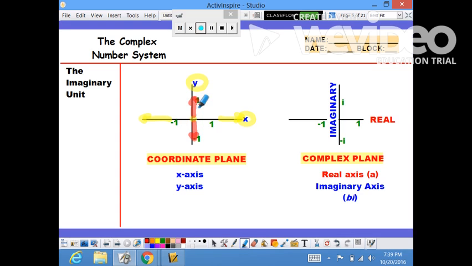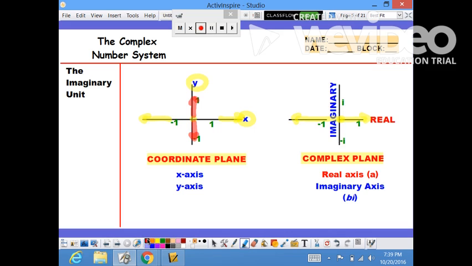Now, as we're crossing over into the complex plane, the complex plane doesn't really have an x or y axis. It has the real versus imaginary axis. So on your real axis, you have your real numbers. Again, you have your negatives going to your left, and your positives going to the right.